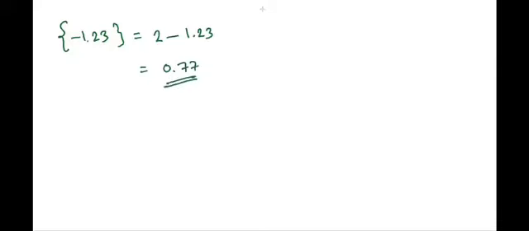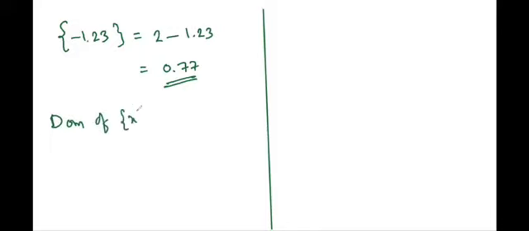So in the definition itself we have the fractional part outcome. Domain of fractional part of x is all real numbers. But range of fractional part of x means its answer is always a fraction. That's why we are naming it fractional part.